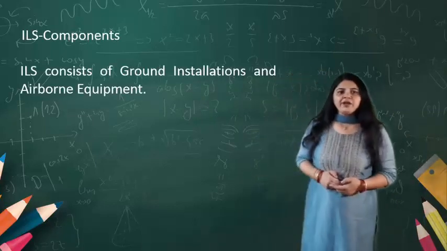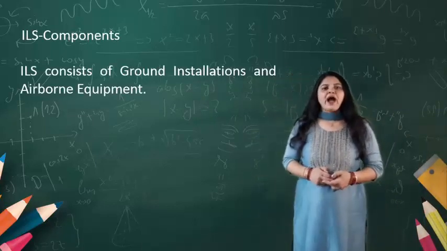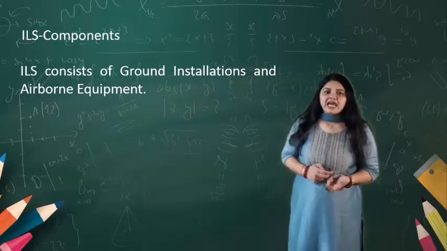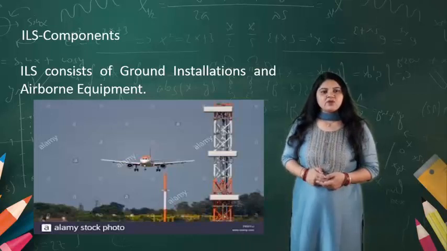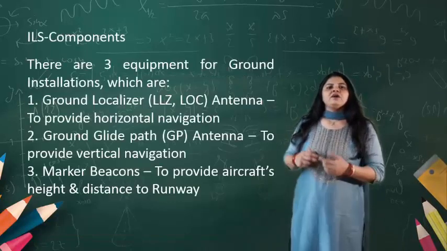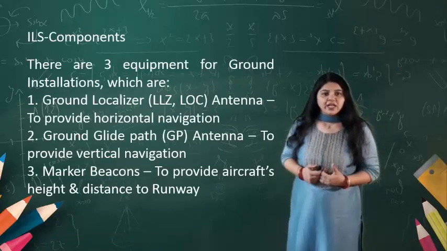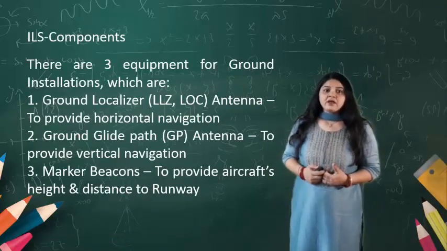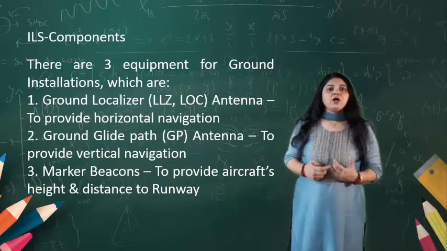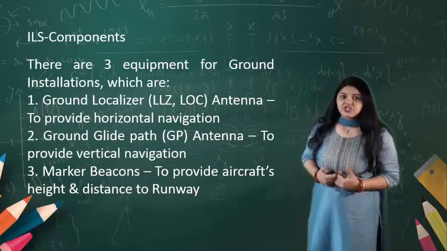The components required for the ILS system are the ground installation and the airborne equipment. Those components are three. First, the ground localizer antenna, which provides the horizontal navigation.